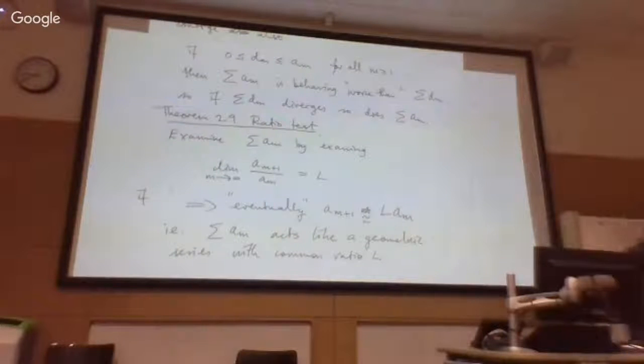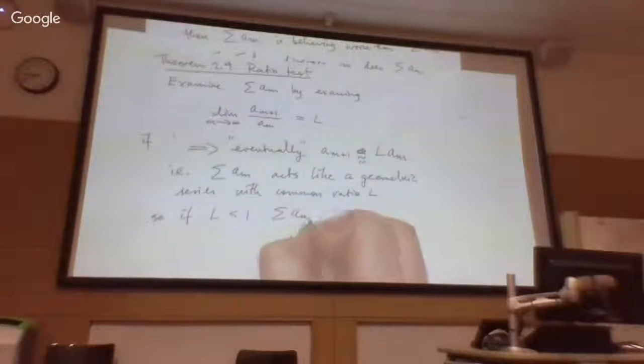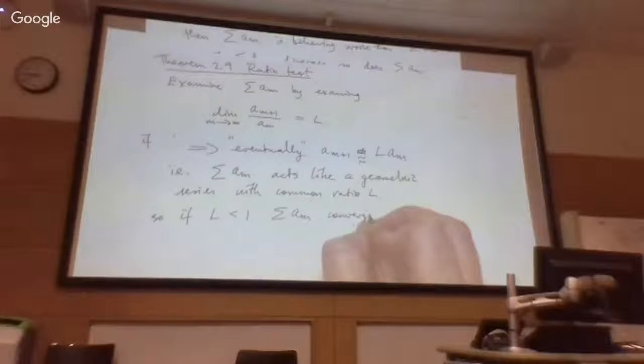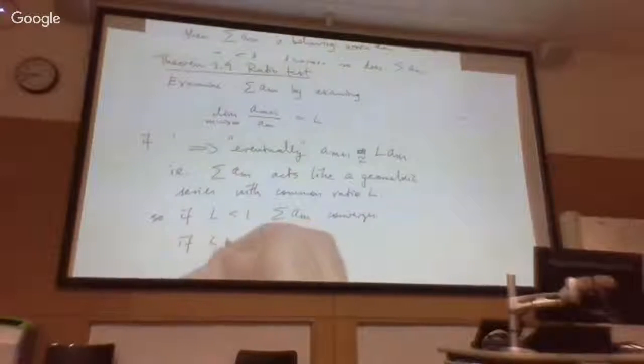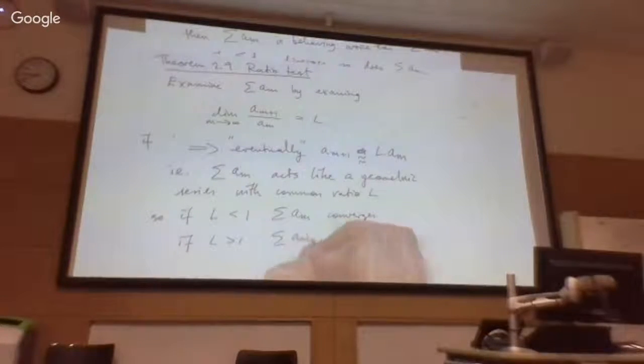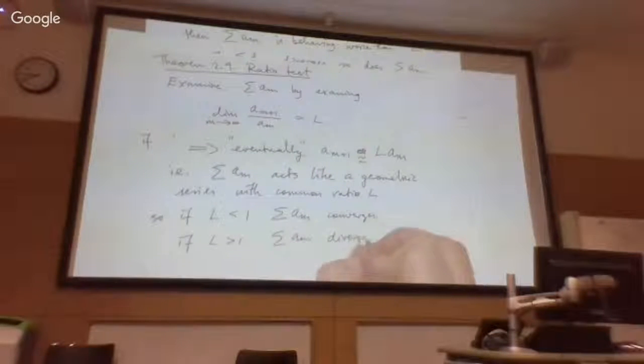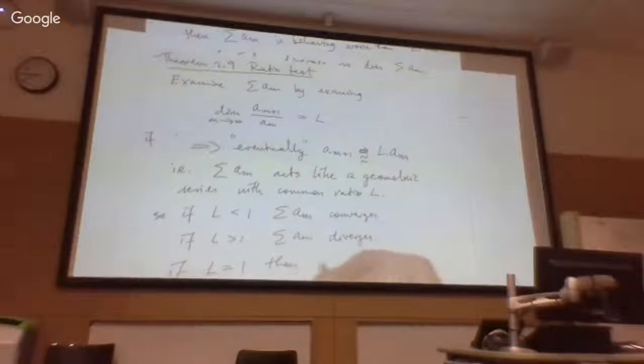And the geometric series converges if L is strictly less than 1. So if L is strictly less than 1, the sum of a_m converges. And if L is strictly greater than 1, the sum of a_m diverges. If L is equal to 1, then there's no conclusion.